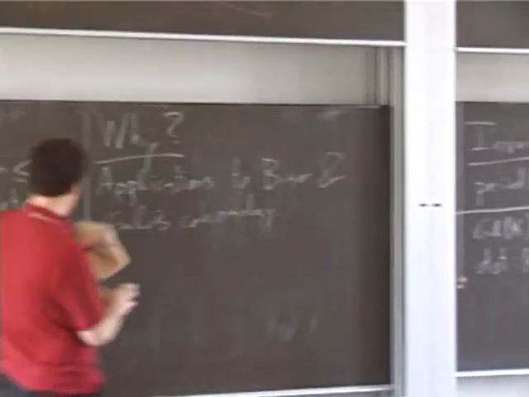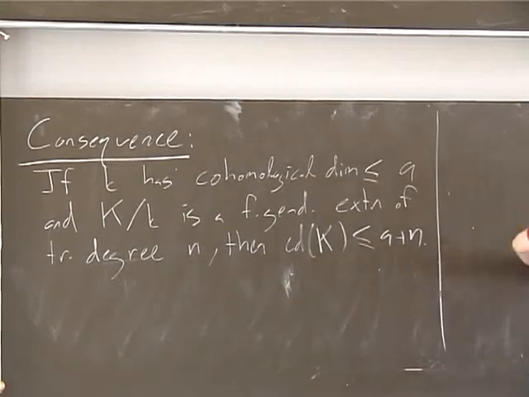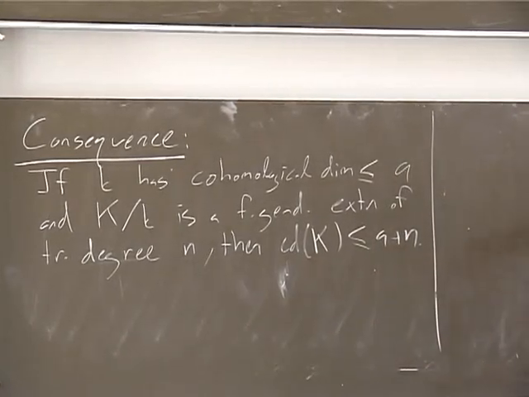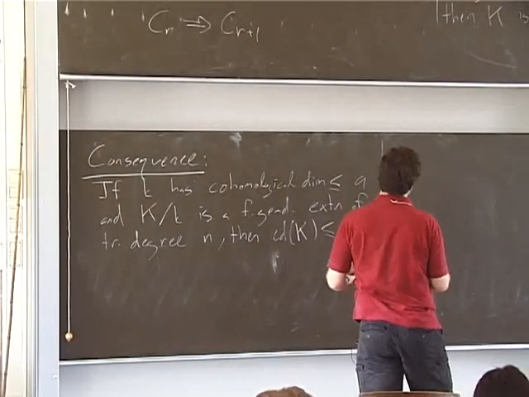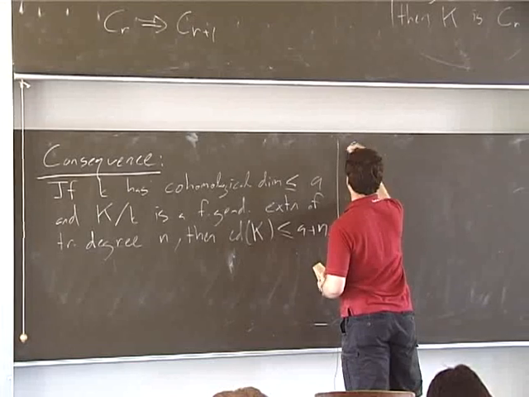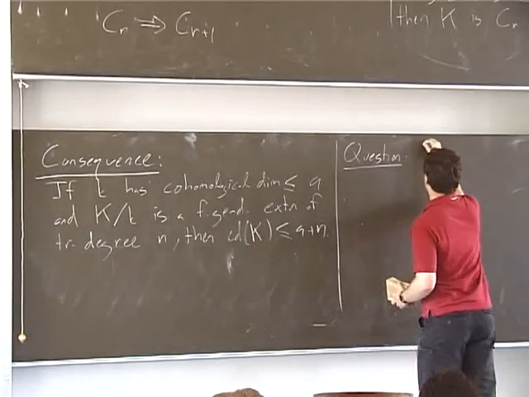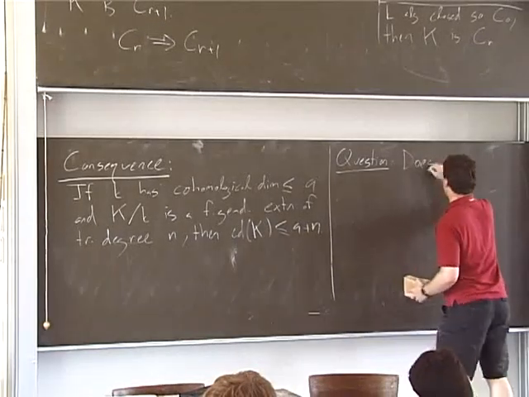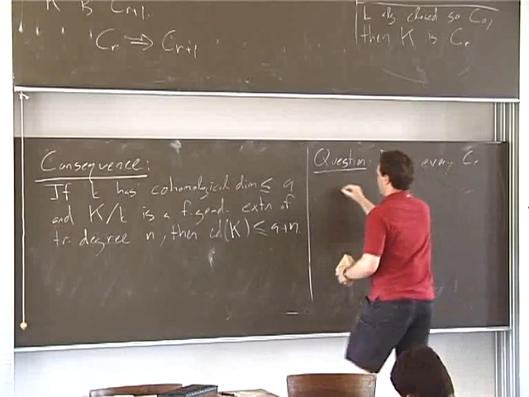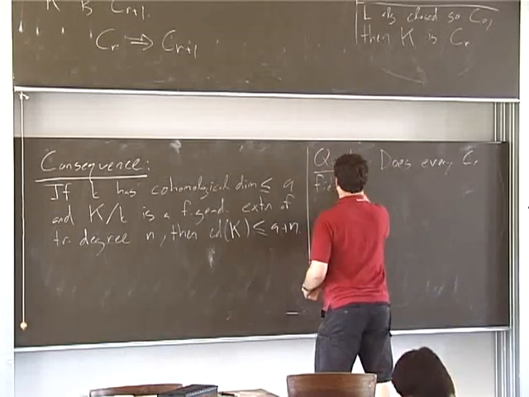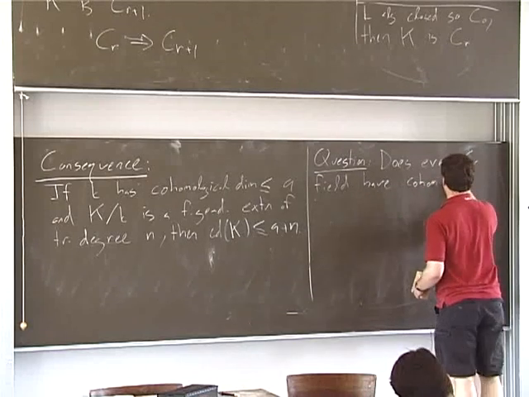Let me just point out there's an open problem here. This property CR and this property of bounded cohomological dimension satisfy the same sort of theorem, and you might expect something from this, which is an open problem. Does every CR field have cohomological dimension less than or equal to R?